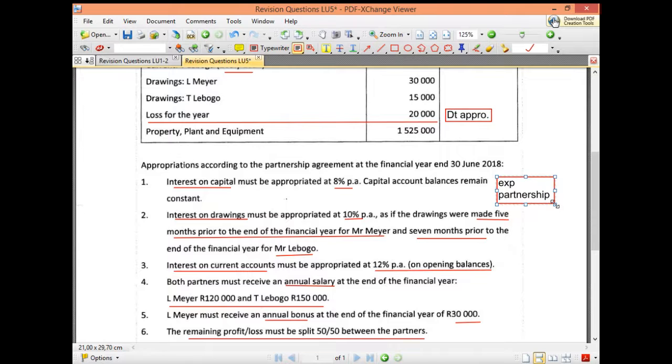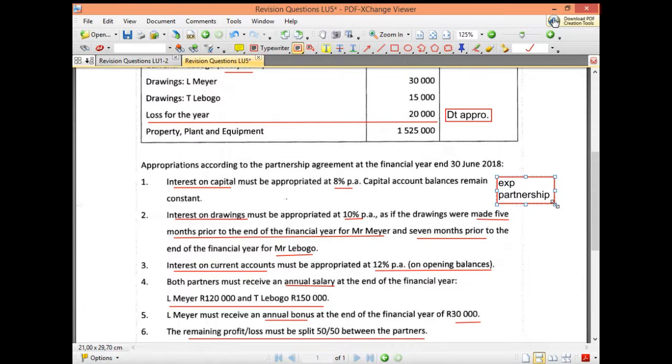Okay, so in the appropriation account, I'm going to show it as an expense. But if I had to do the equity disclosure, I would show it as income for that individual partner. Okay, let me repeat that. In the partnership, it's an expense. In the individual partner's hand, it is an increase in their capital.